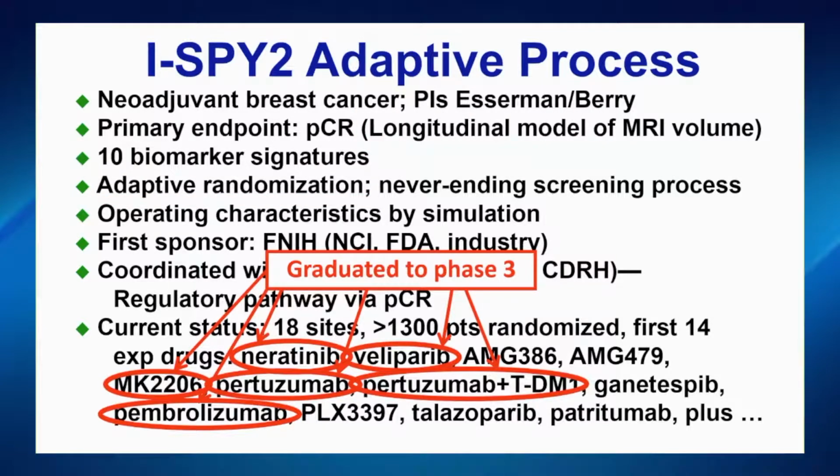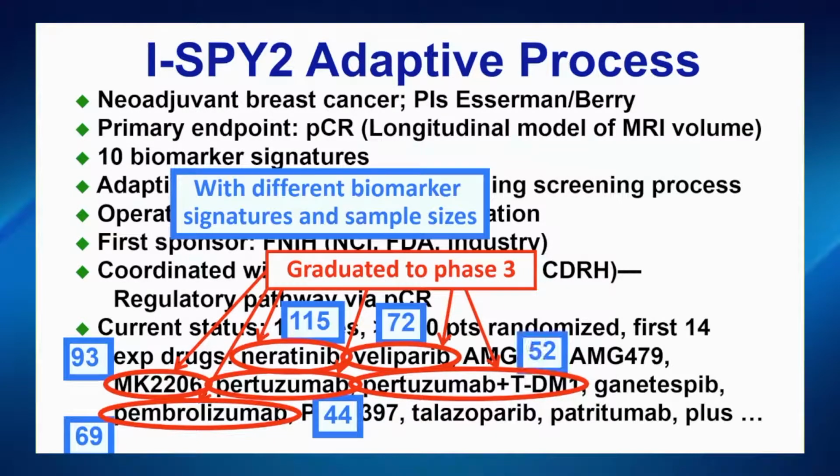6 of the therapies that we've evaluated so far have graduated. And of those, the sample sizes, first of all, the biomarker subsets where they graduated were different in the different drugs because they were identified as having different, sometimes complementary, sometimes overlapping signatures.